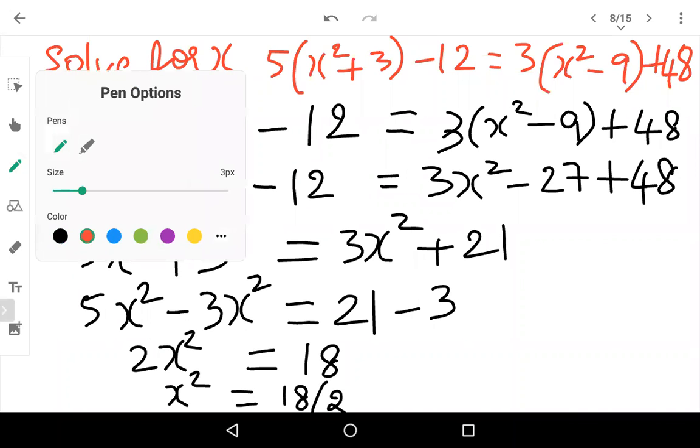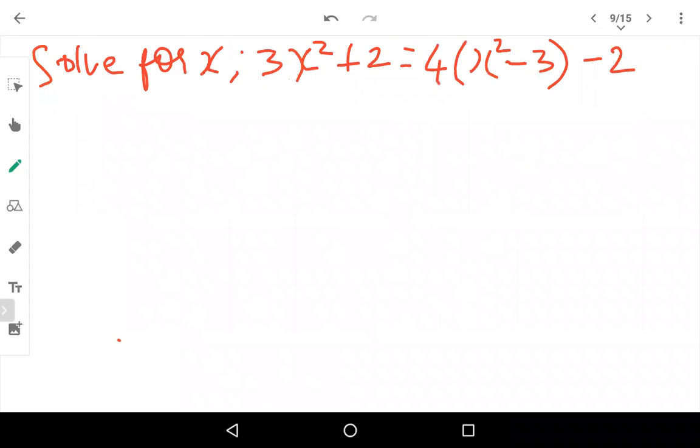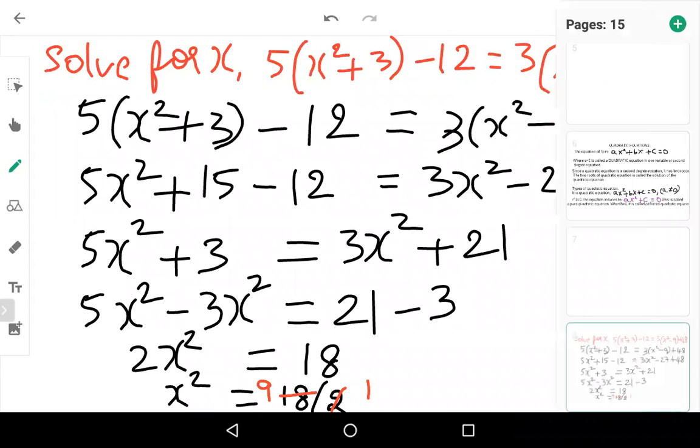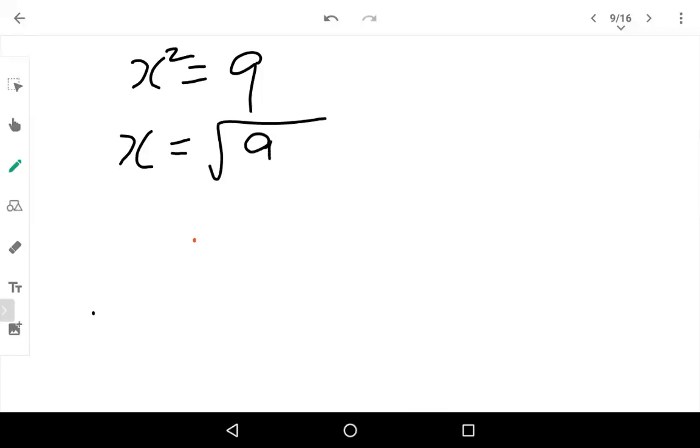Good, 18. Next, x square is equal to 18 divided by 2. This is our usual simplification. 2 ones are 2, 2 nines are 18. So what will it become? x square is equal to 9. Now x is equal to square root of 9. And I always told you, when you have a square root, you will get two values.